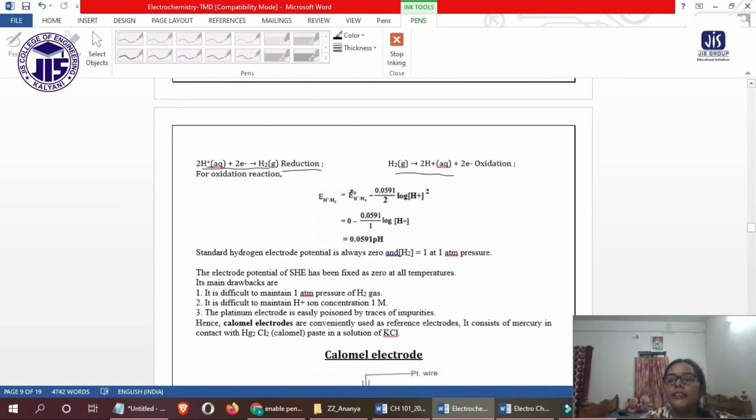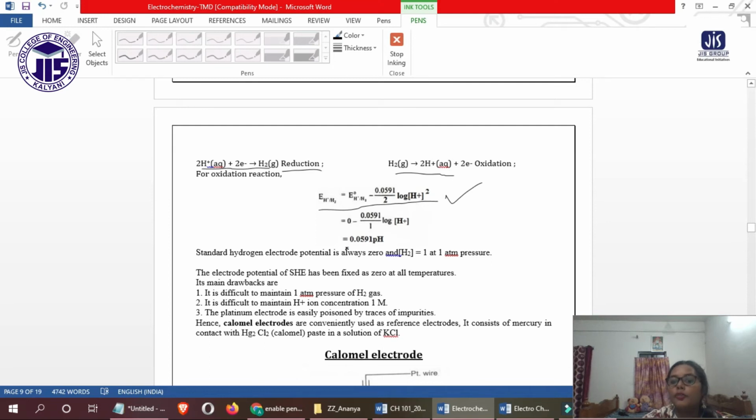So, the Nernst equation will be like this. E of H plus by H2 equals E0 of H plus by H2 minus 0.059 by 2 log of concentration of H plus to the power square.